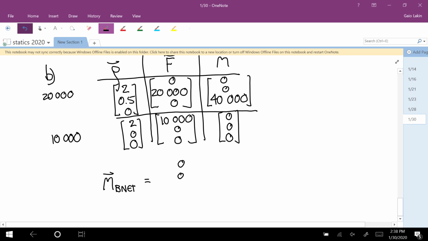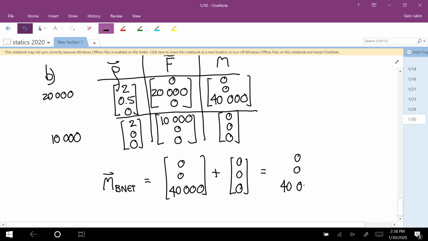Then it's just 0, 0, 40,000 plus 0, 0, 0. So Newton meters.